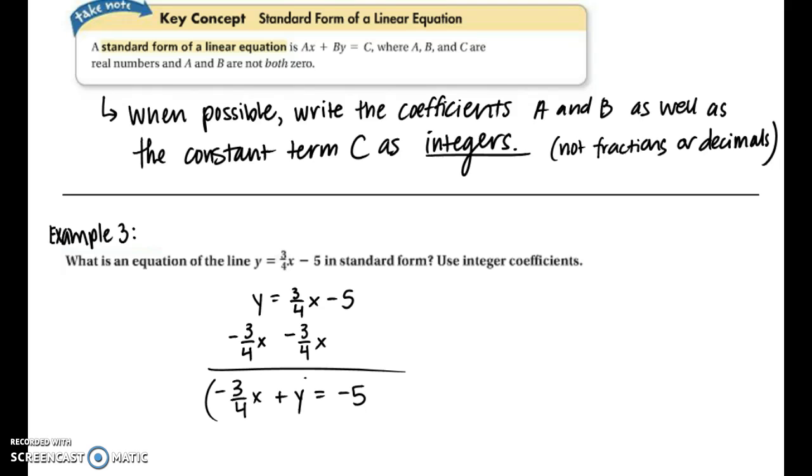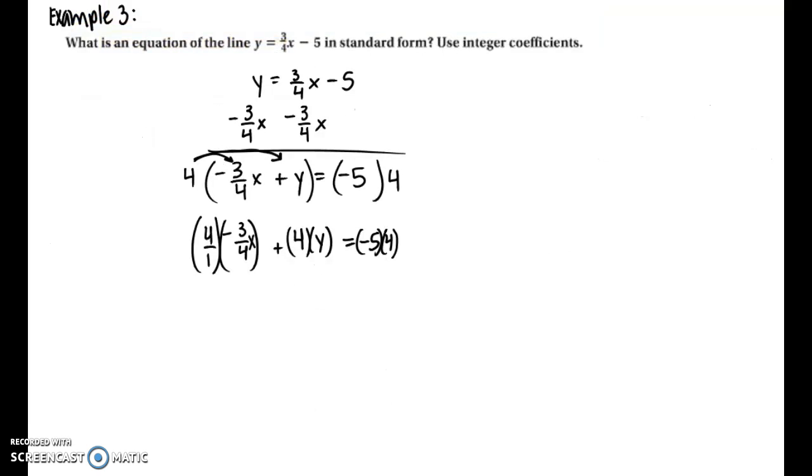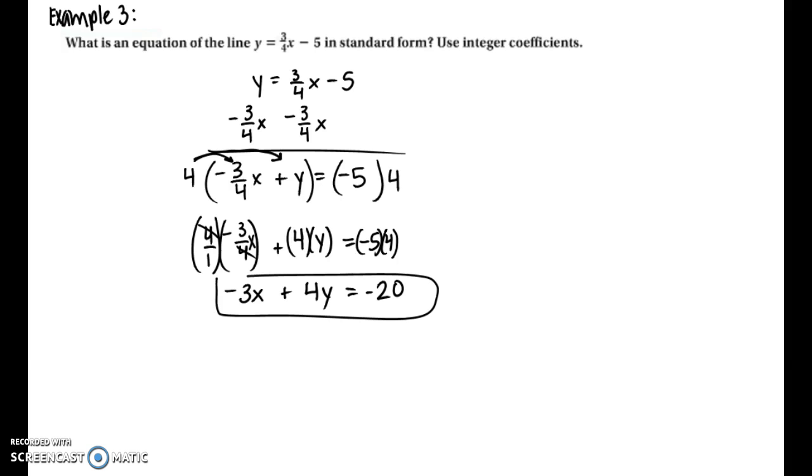So we want to multiply both sides of the equation by 4 to get rid of that denominator, which is 4. Make sure you share the 4 with both terms inside of the parentheses, and I'm showing the middle work right here. When you multiply, the 4's cancel. That was what we wanted to happen, so we have negative 3x for the first term plus 4y equals negative 20.